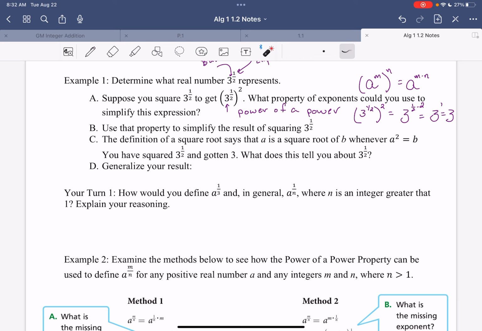See, the definition of square root says that A is the square root of B whenever A squared equals B. Okay, so let's go back. Definition of square root.